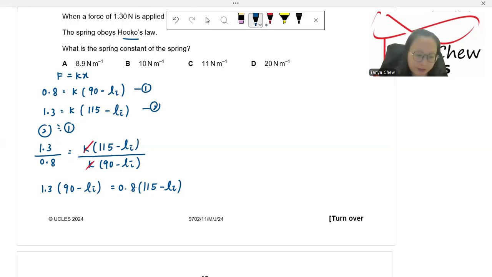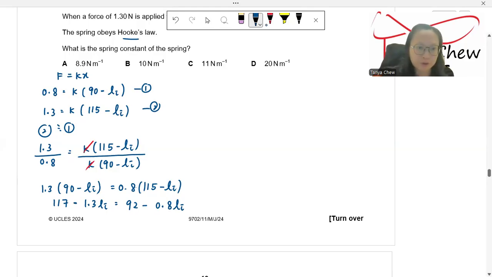When you work it out, I'll do it then. 1.3 times 90, I get 117, so 117 minus 1.3 initial length. 0.8 times 115, here I got 92 minus 0.8 initial length.